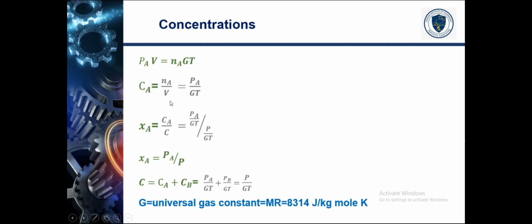From this slide, I have to explain the further relationships and formulas for molar concentration and molar fraction. The first formula comes from the basic gas law: Pa V = Na R T. Here Pa represents the partial pressure of species A, V the volume, Na the number of moles of species A, R the universal gas constant, and T the temperature.